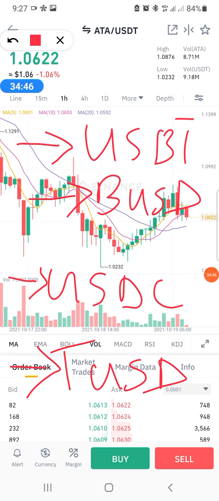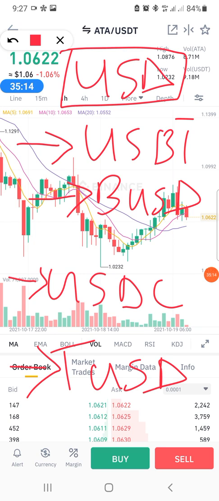Their value is determined by the US dollar. They don't have value on their own. They are not independent just like other currencies, like this ATA, and they are not highly volatile in nature. Their prices go up when the American USD goes up, and their value goes down when the American USD comes down.